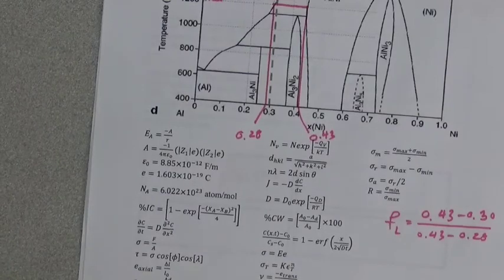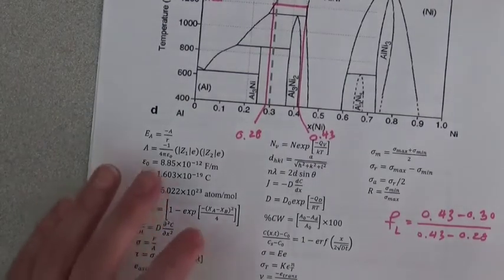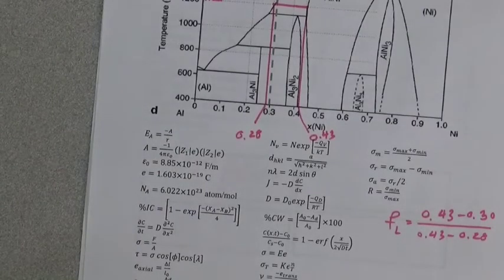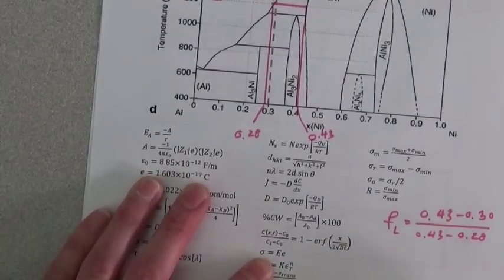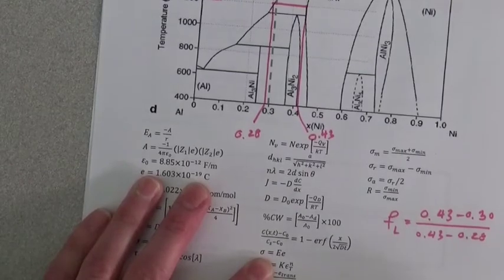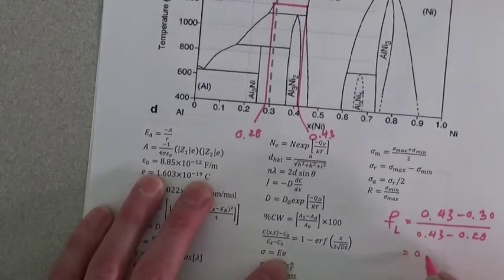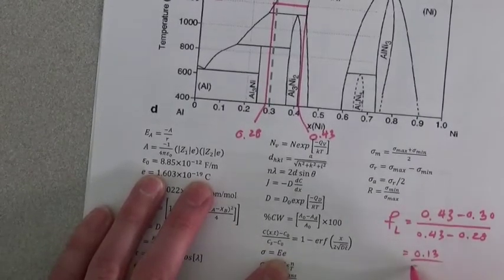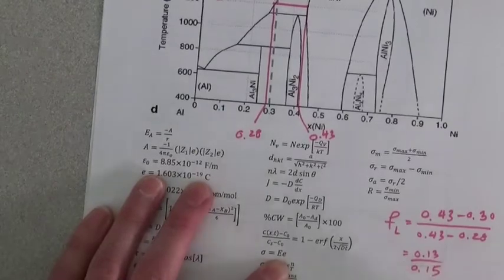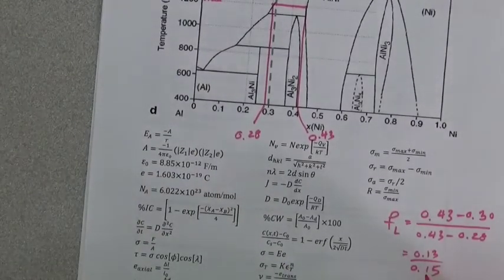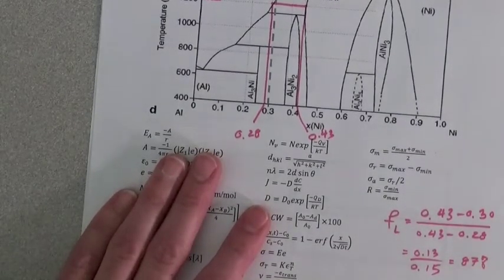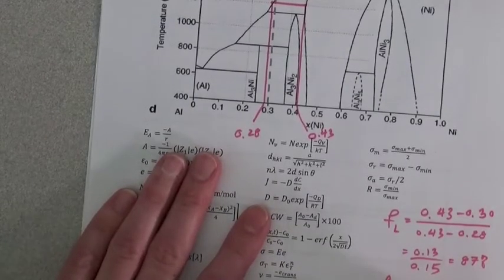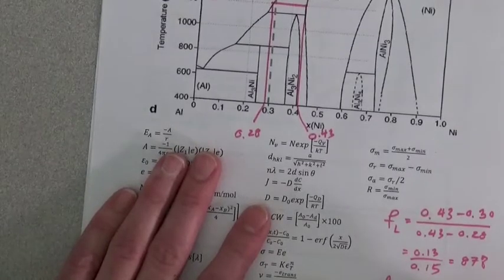And that gives us 0.13 divided by 0.15, which is around 87%, which means that the fraction of AlNi is equal to 13%.